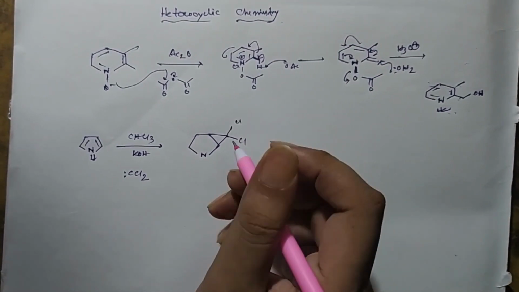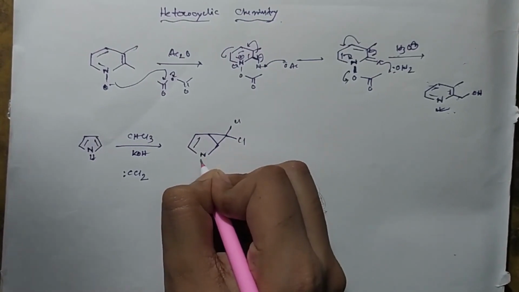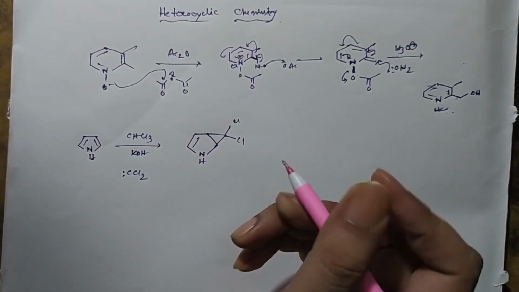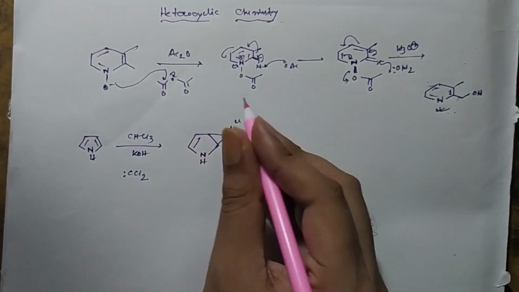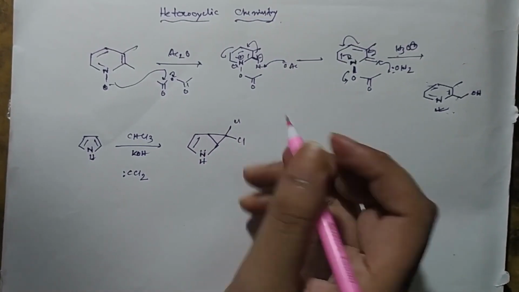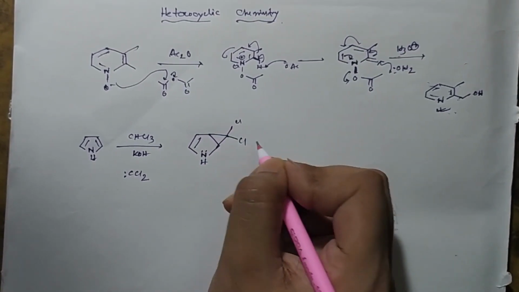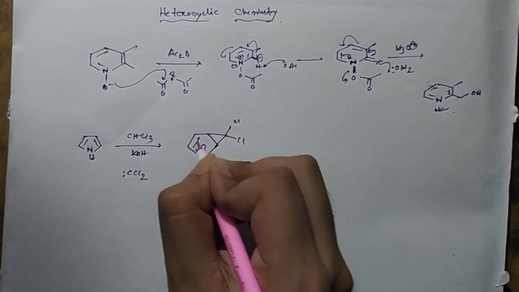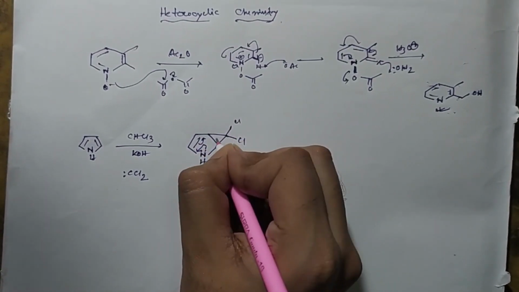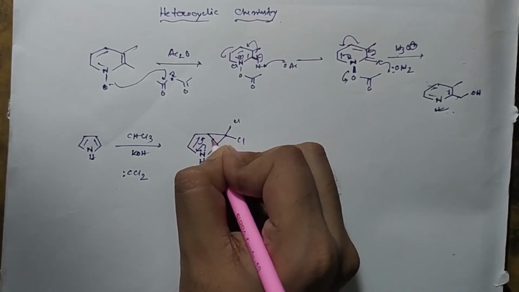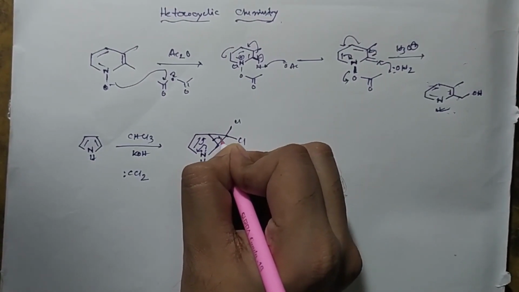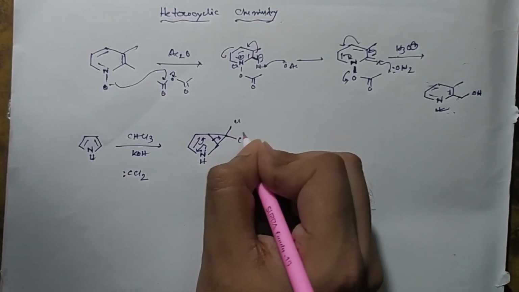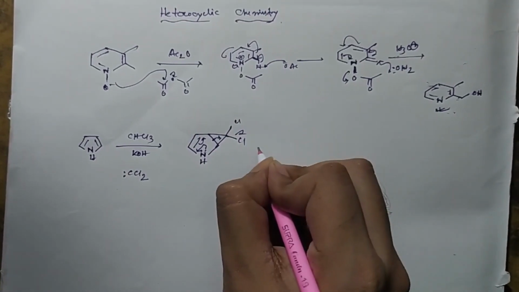After that, electrocyclic ring opening occurs because this is very strained, and there is chlorine obviously, which is a very good leaving group. So this electron goes here, this goes here, and this bond just cleaves, joins here, and one of the chlorines cleaves. So what do we get?